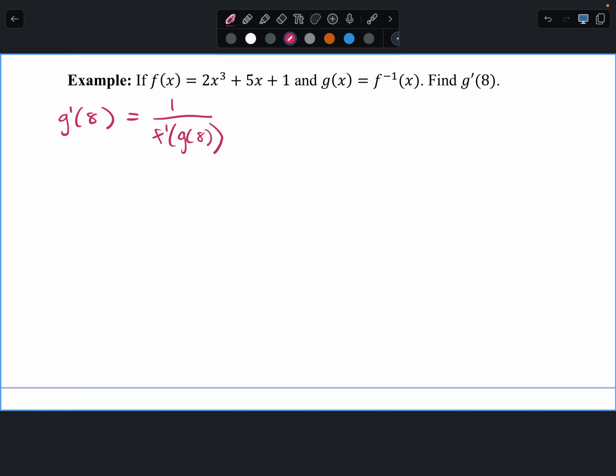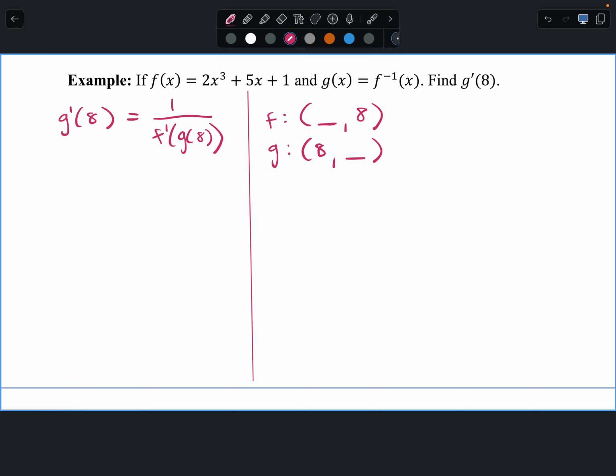So we know that the function f and the function g are inverses of each other. We're trying to see what y value corresponds to x being equal to 8 for g, which on its inverse function f would mean we're trying to find the x value that corresponds to y being equal to 8.